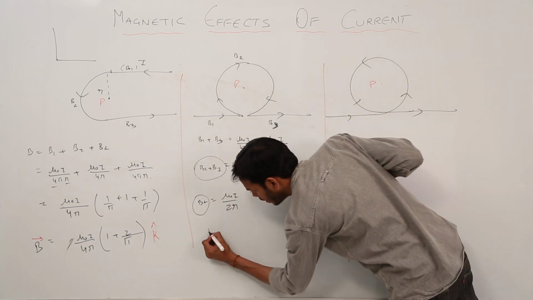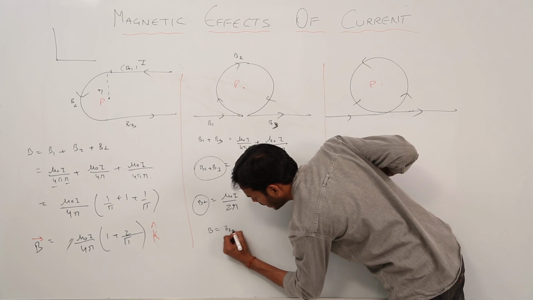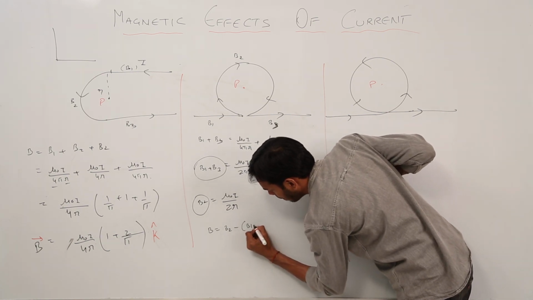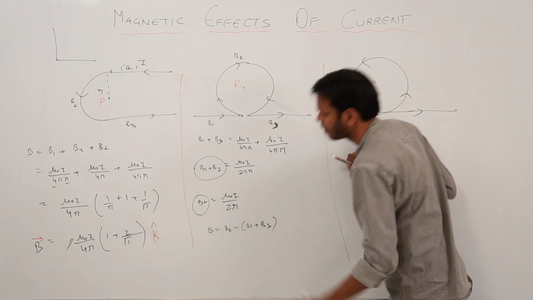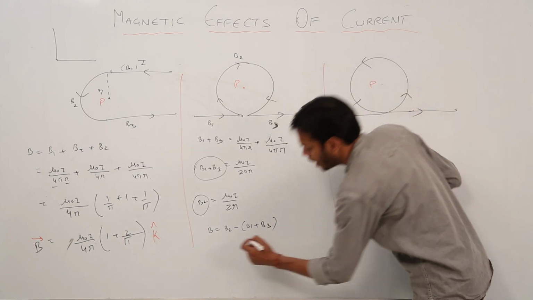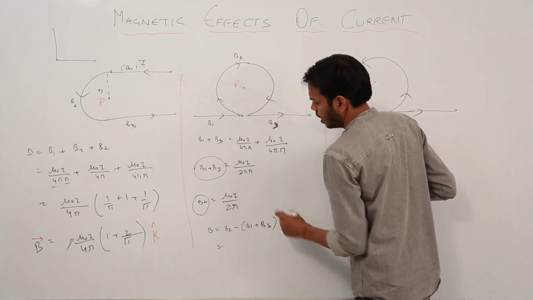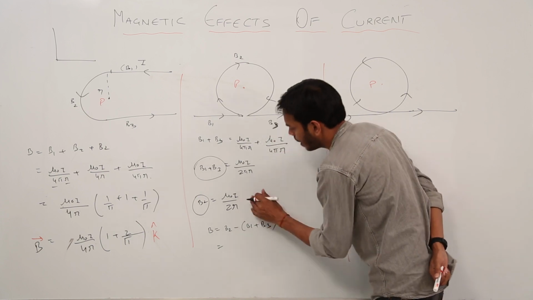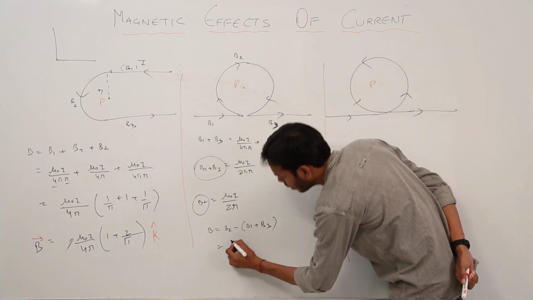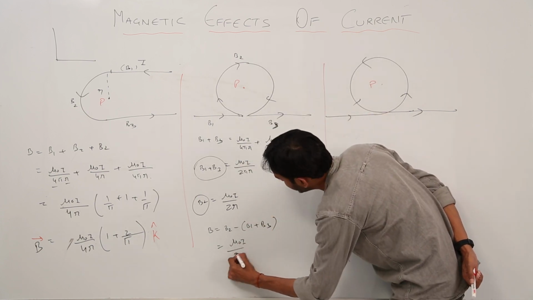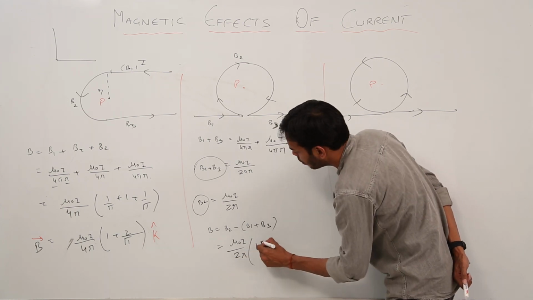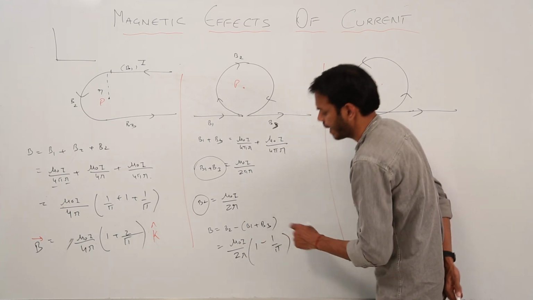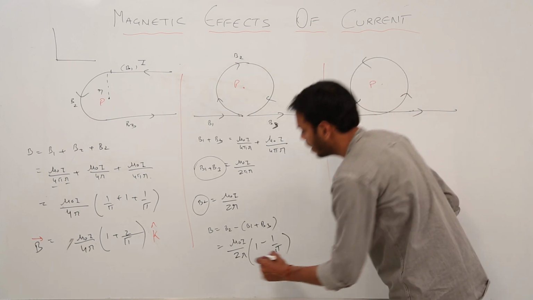So the net magnetic field would be B2 minus (B1 plus B3). Sorted? So the net magnetic field would be mu naught I upon 2r minus mu naught I upon 2 pi r, out of which I can take out this thing common, so I'll be left with 1 minus 1 upon pi. This is my final answer.